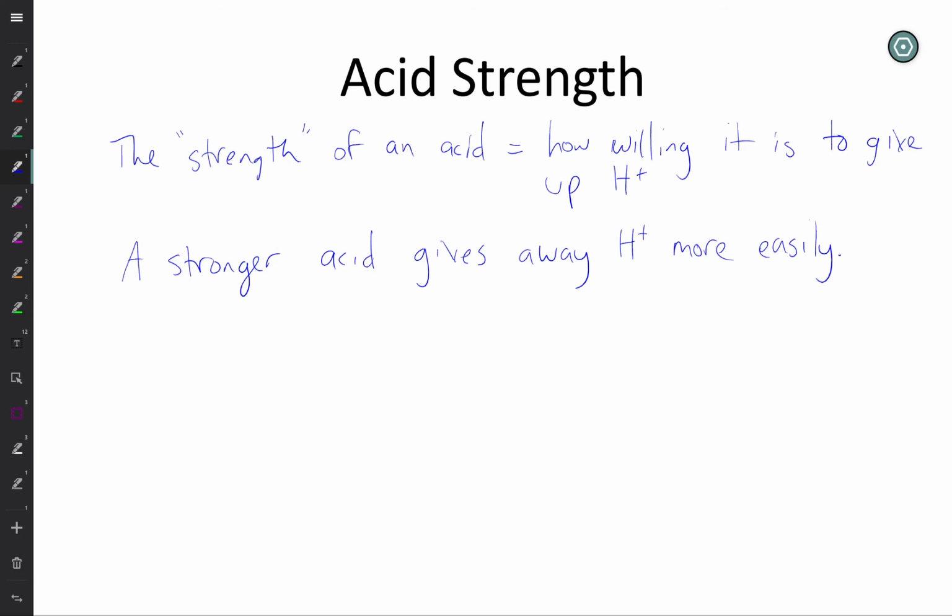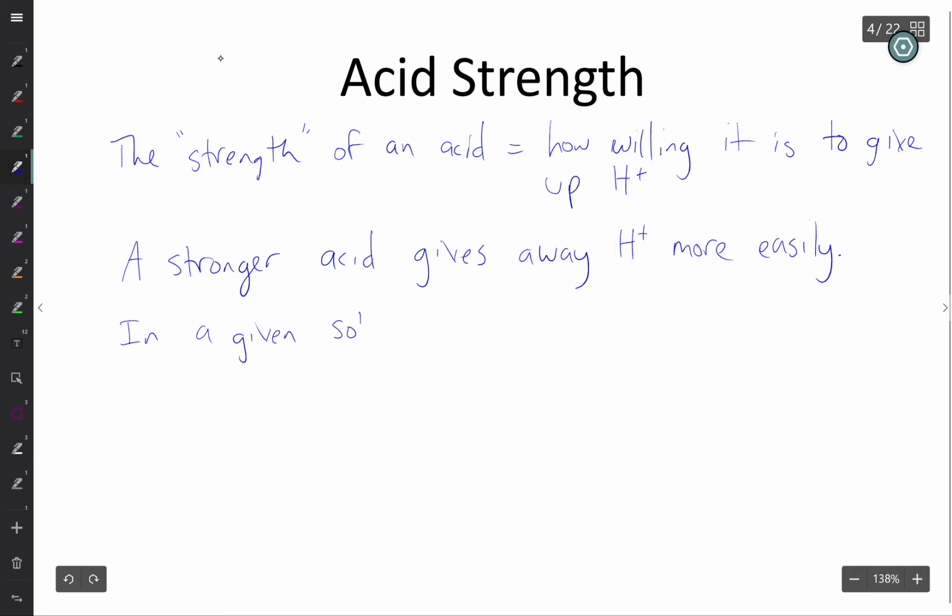For a weaker acid, the percentage that gives up H plus is much lower. And the word we use for that is dissociate.